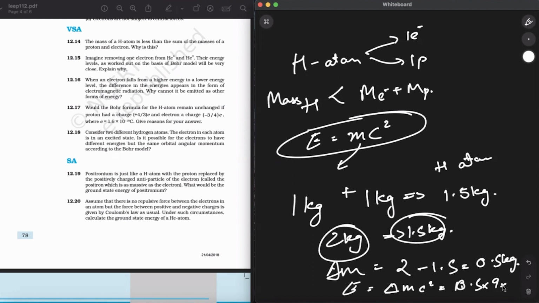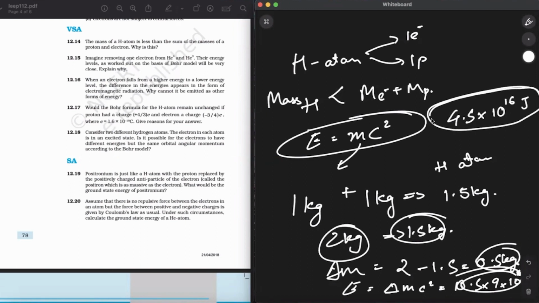That is 9 into 10 to the power of 16 for c square, so approximately 4.5 into 10 to the power of 16 joules of energy just due to a half kg mass defect. So much, just due to half kg. So now let's start the solution for this. I just wanted to tell you about what the mass defect is.